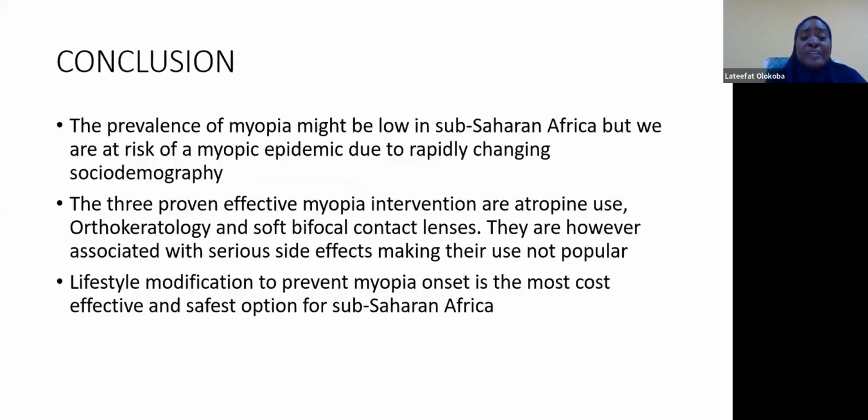There are 3 proven effective myopia interventions, and these are the use of atropine, autokeratology, and soft bandage contact lenses. However, these interventions are associated with serious side effects like microbial keratitis, making their use not popular in Nigeria. Lifestyle modification to prevent both the onset and progression of myopia is still the most cost-effective and the safest option for us in sub-Saharan Africa.